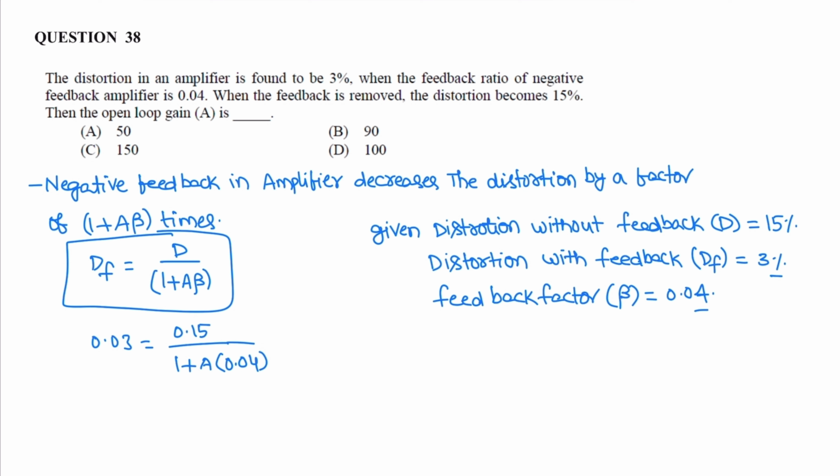On calculation, we will get A value as 100. This A is the open loop gain. So open loop gain is 100, option D.